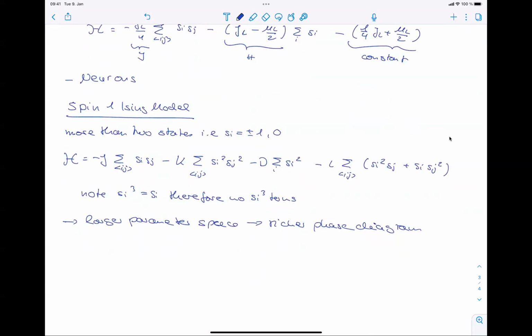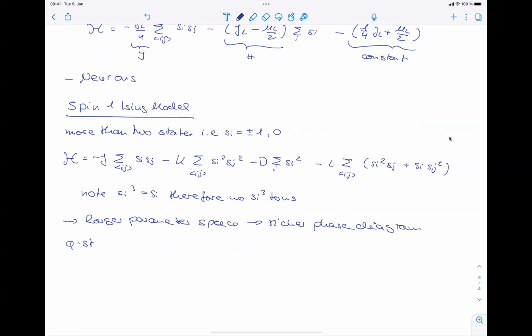A model that I actually encounter a lot is the Q-state Potts model.